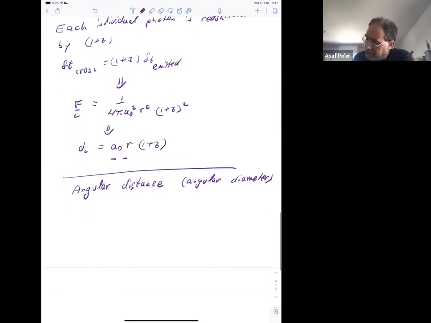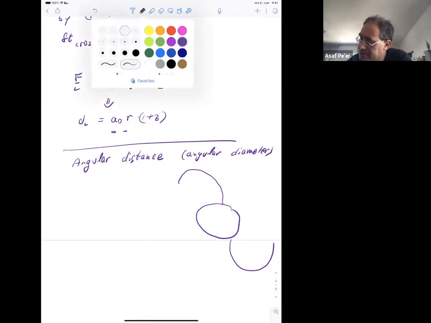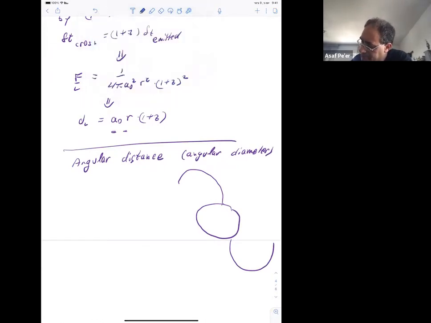So let's say that I have a physical object which is quite big. Let's say I have a big galaxy nearby, and it has some physical size D. That's the actual size of this galaxy.